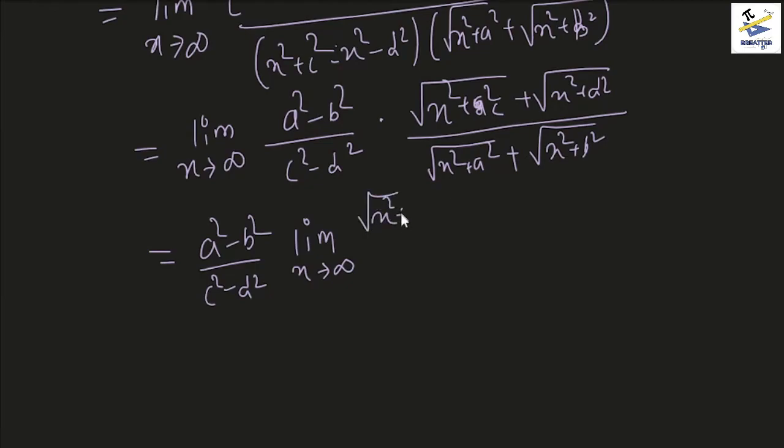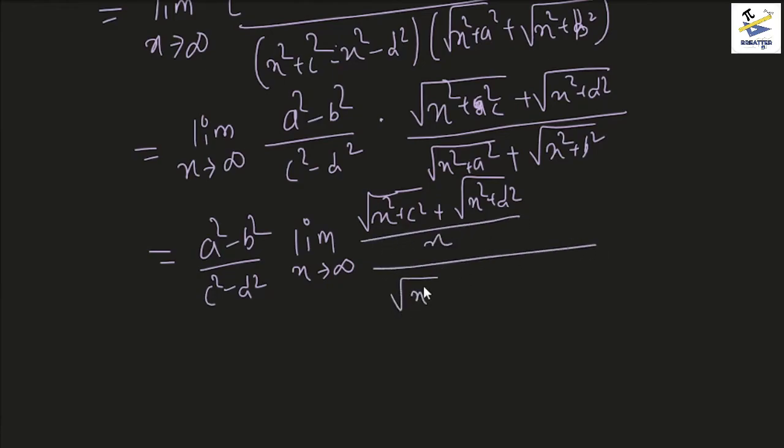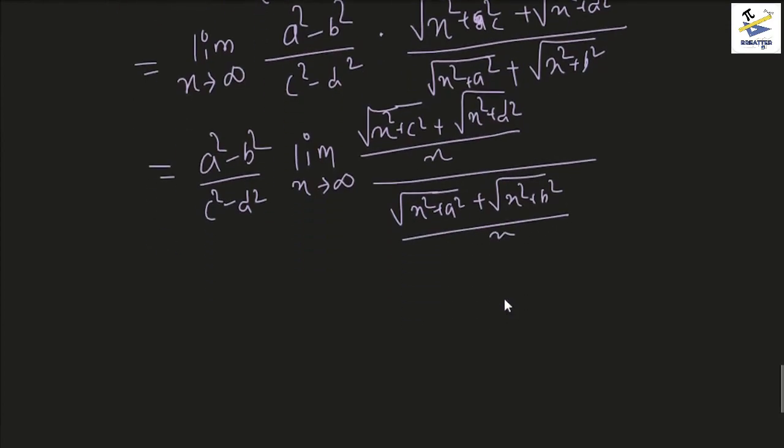root over x square plus c square plus root over x square plus d square whole by x divided by root over x square plus a square plus root over x square plus b square whole by x. Now this x can be absorbed inside the square root of each term as root over of x square. So once you put the x inside the square root, it becomes by x square, right?